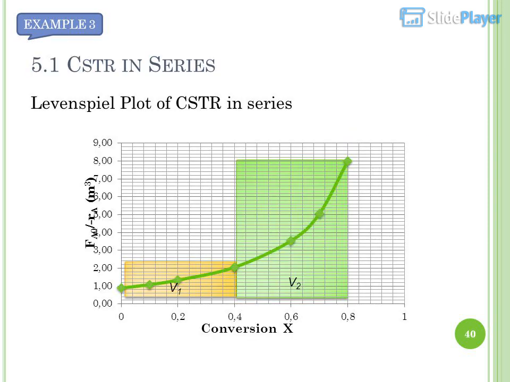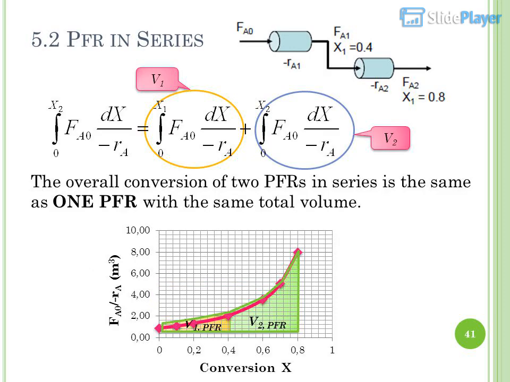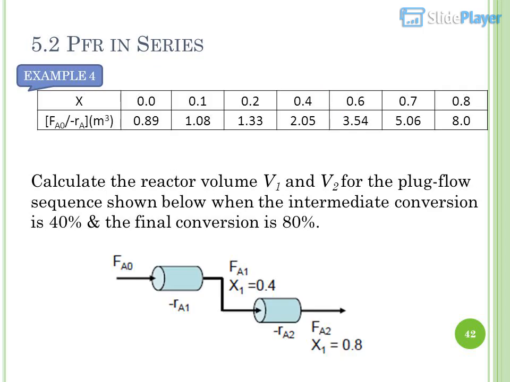Levenspiel plot of CSTRs in series, V1 and V2. 5.2 PFR in series. The overall conversion of two PFRs in series is the same as one PFR with the same total volume.